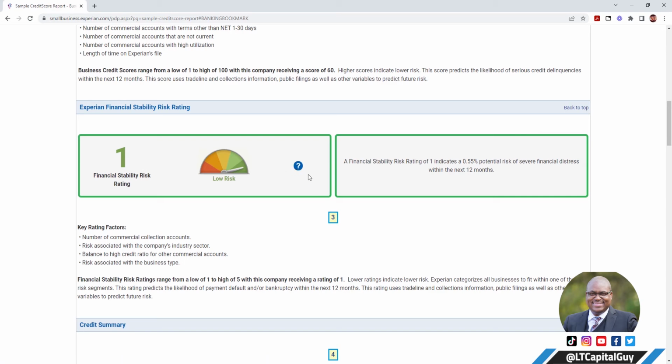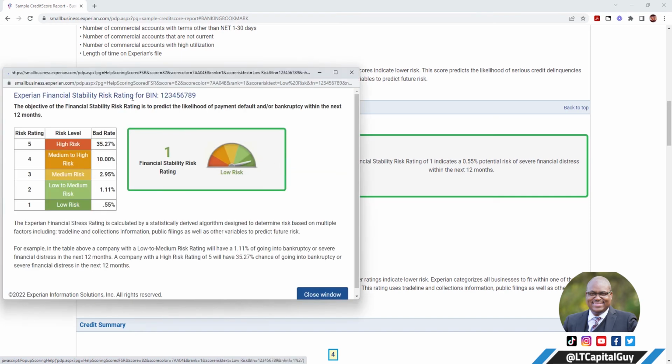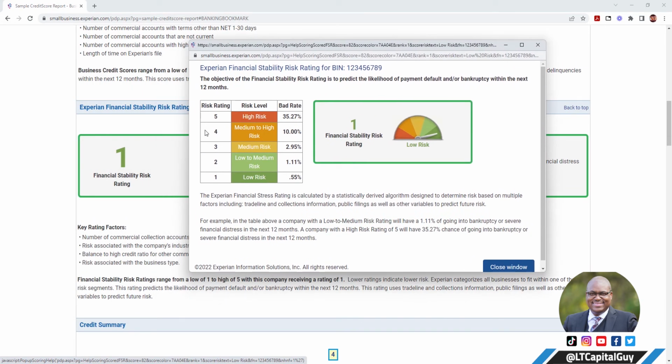If we look at the question mark here, it gives us a little legend that tells us where we are. If you got a number of 5, that means this is a high risk business. 4 means medium to high risk, 3 medium risk, 2 low to medium risk, and 1 is low risk. So if you have a 5, that basically means there's a high risk that this company could be in financial distress within 12 months.